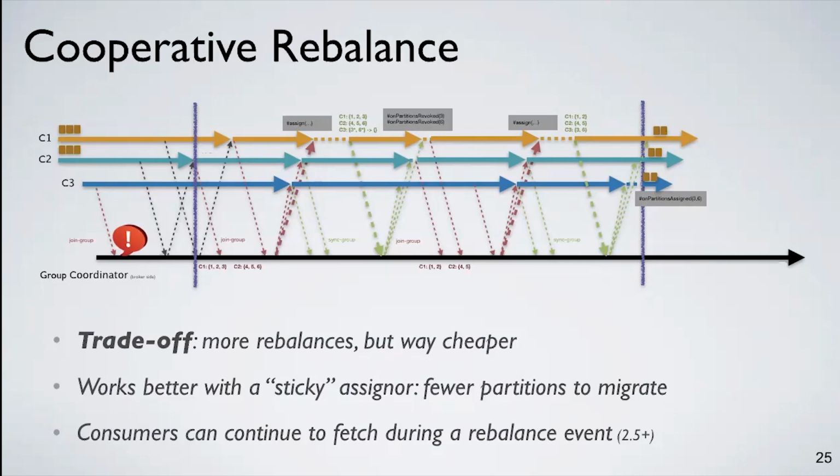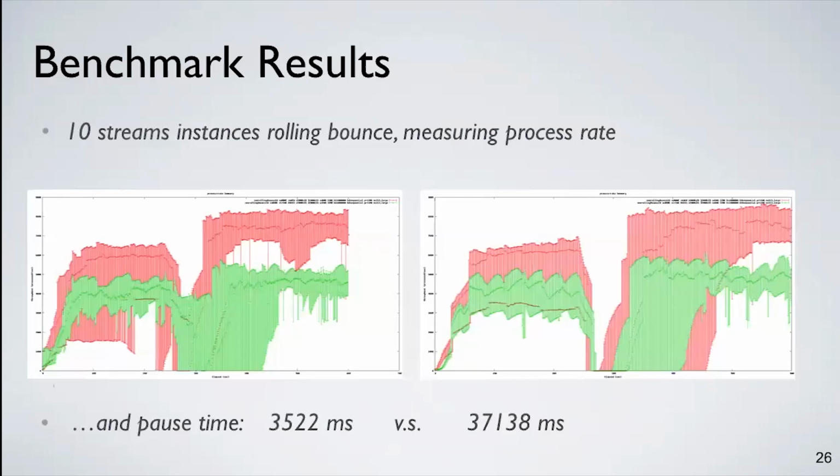And since each consumer is actually holding on to all their partitions throughout the rebalance, they can actually continue to fetch during the rebalance and can keep processing whichever partitions they own right up to the point where they potentially have to call on partitions revoked and give them away to someone else. So between the purple bars at this point, you'll notice that C1 and C2 can happily continue processing partitions 1, 2, 4, and 5.